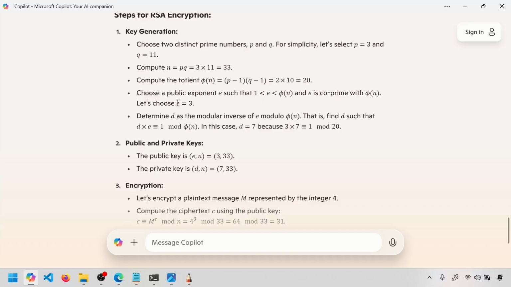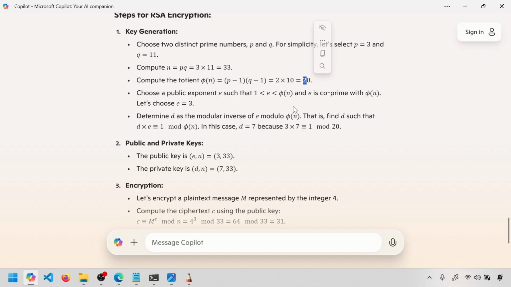So in this case, they have chosen E, which is a prime number anyway, as a co-prime. For example, prime numbers are always co-primes. They could have chosen something like 3, 5. 4 is not co-prime with 20. Why? Because 2 is a common factor. 6 is not a co-prime with 20 because 2 is a common factor. 7 is a prime as well as co-prime to 20.